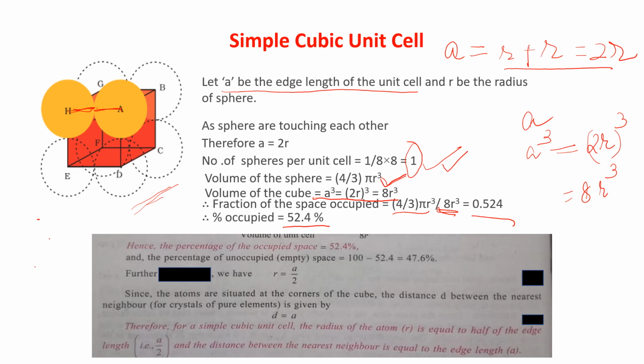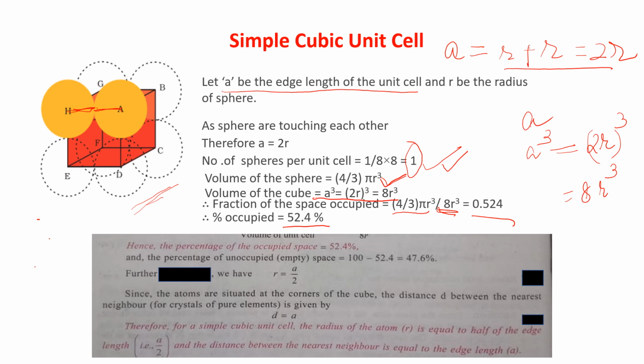So this is the packing fraction, the packing efficiency. 52.4% is packed in a simple cubic unit cell. Now, as 52.4% is the packing, that means some portion of the simple cubic unit cell is not packed. There is some void. So how much is the empty space?